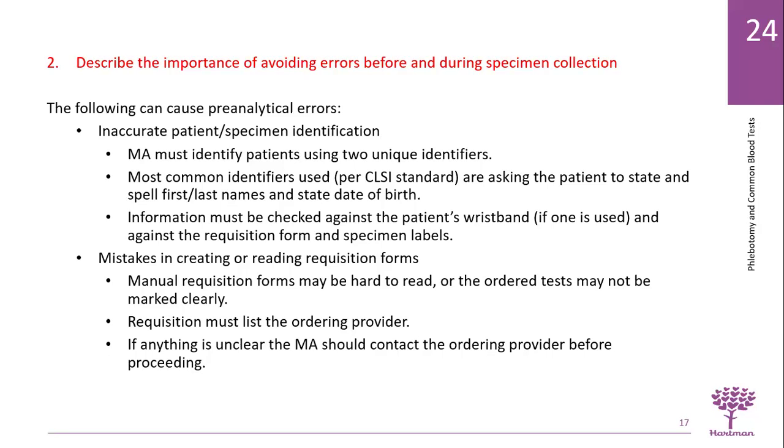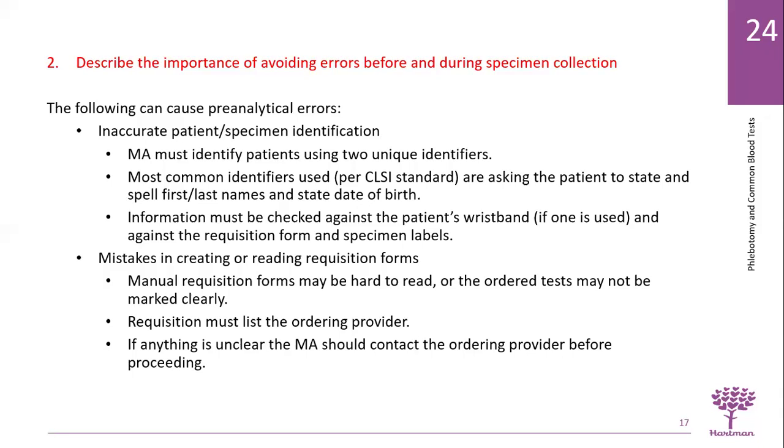You have good results, but it's on the wrong patient. That's a pre-analytical error. The most common identifiers used for the CLSI standard are asking the patient to state and spell their first and last names and state their date of birth. Information must be checked against the patient's wristband if one is used and against the requisition form and specimen labels. So make sure you check your patient's identification.